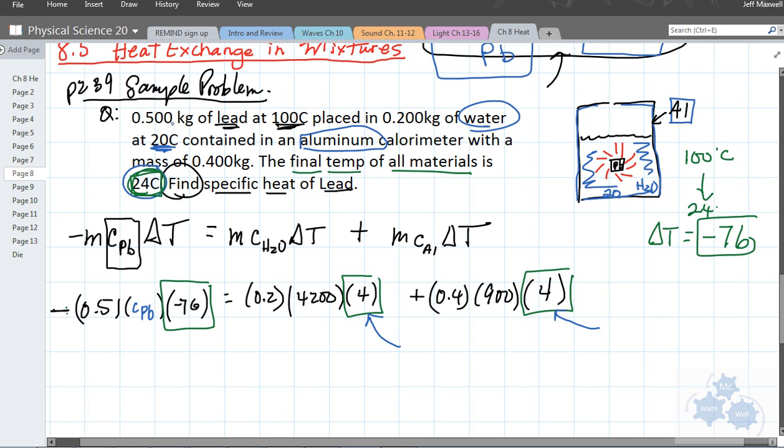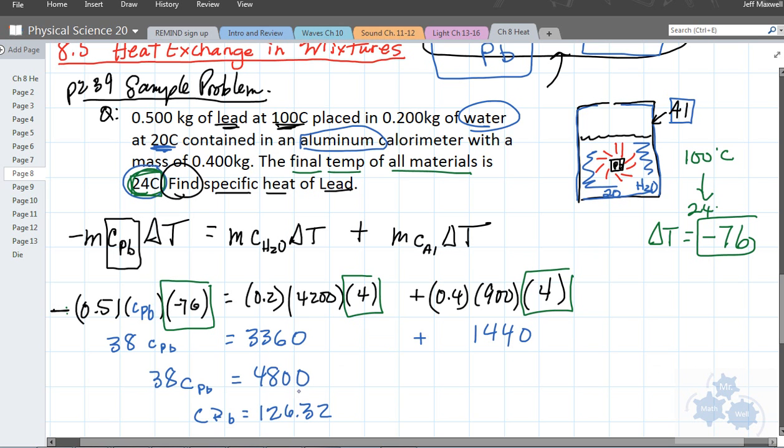Now that we've got all these values in, we want to evaluate. What do we get when we plug all this into the calculator and simplify? If you evaluate this portion right here, it comes to 3,360. This portion over here comes to 1,440. And 0.5 times negative 76 is negative 38.